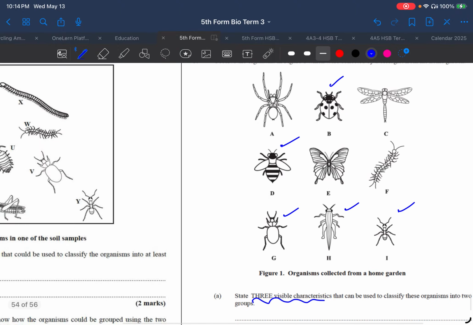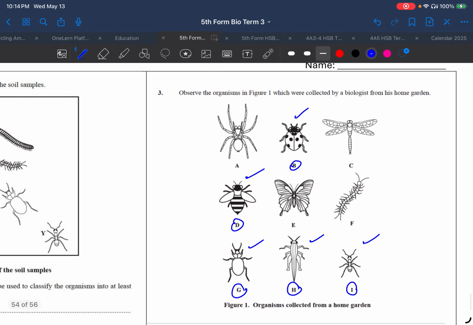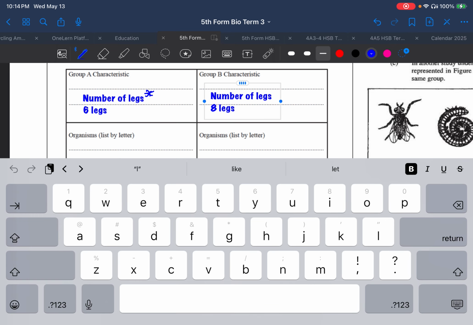So you can't assume really. So you're gonna put B for 6 legs, D, H, G, and I. So those would go on the 6 legs. And then on the 8 legs, you will put A, or 6 or more legs. You could put A and F. And you could change this to, sorry, not 6 or more legs, 8 or more legs.